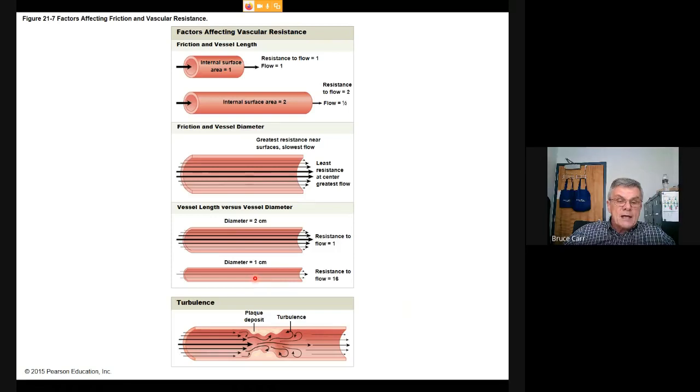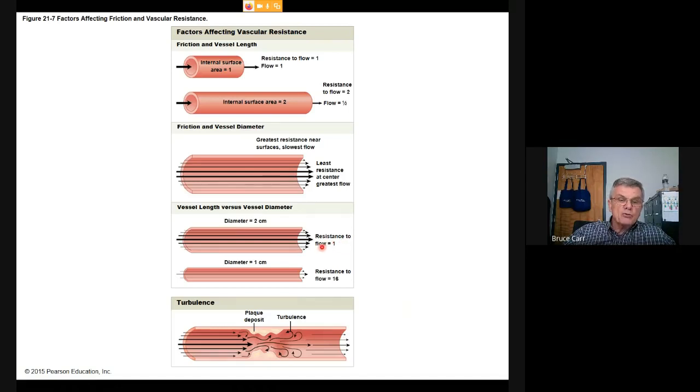If we double the diameter, 1 centimeter to 2 centimeters, we actually have a much different effect on the flow rate. So if the diameter is 1 centimeter, the resistance is 16. Double that to 2 centimeters, because of the effect on reducing the resistance, it drops to 1.